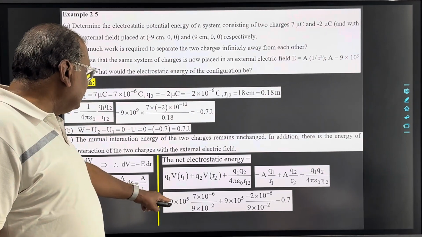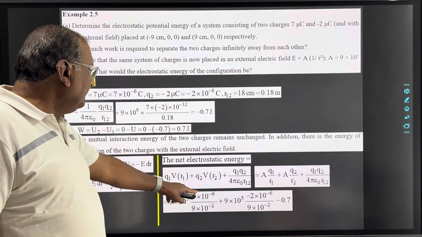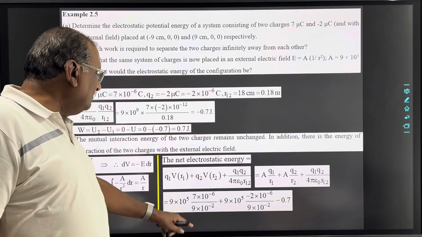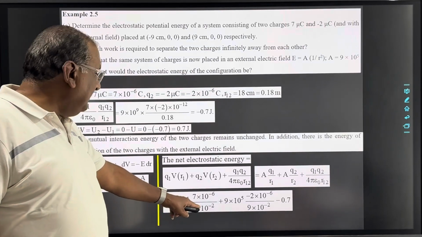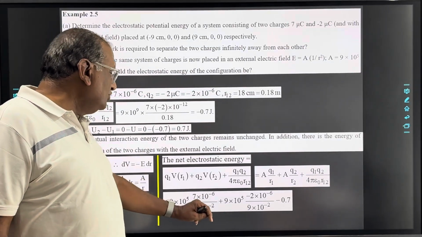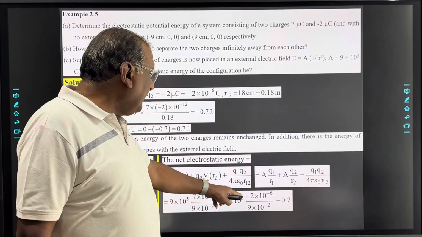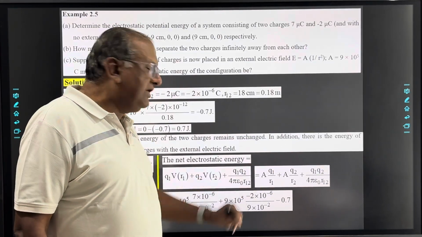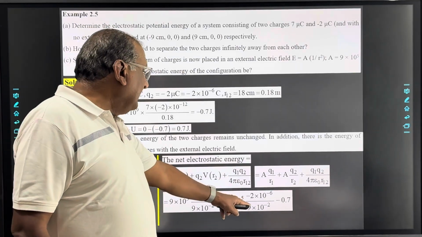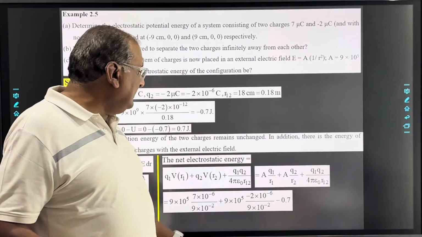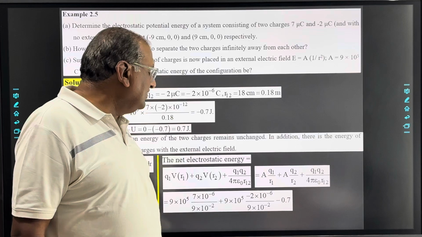So A, that is 9 into 10 raised to 5. Q1 7 into 10 raised to minus 6. 9 centimeter, so 9 into 10 raised to minus 2 meter. Plus again A 9 into 10 raised to 5, Q2 that is minus 2 into 10 raised to minus 6. Again distance R2 that is 9 centimeter, so 9 into 10 raised to minus 2.